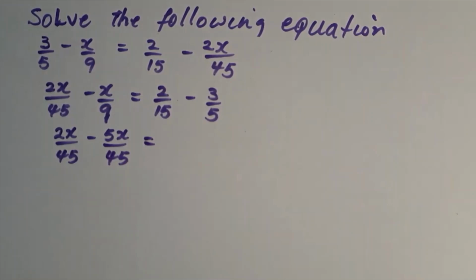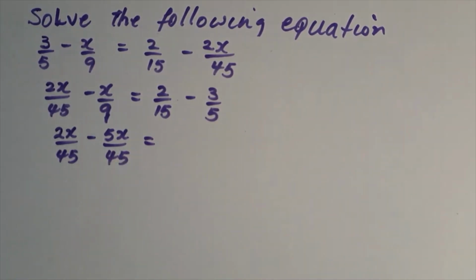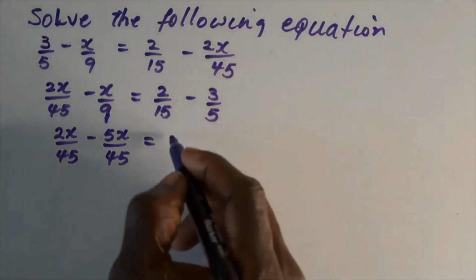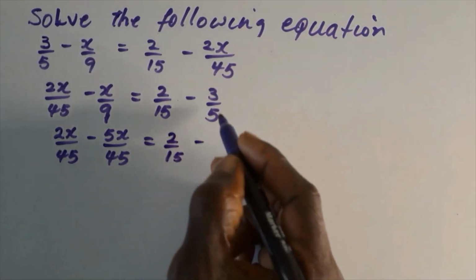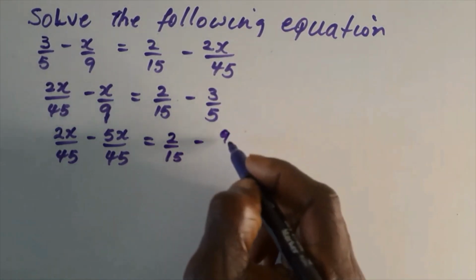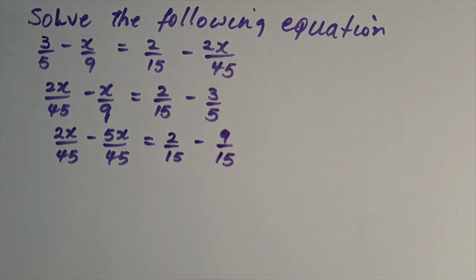And likewise here on the right hand side, we want a denominator of 15, so this stays the same, and this becomes 9 over 15 because we multiplied both the numerator and denominator by 3.